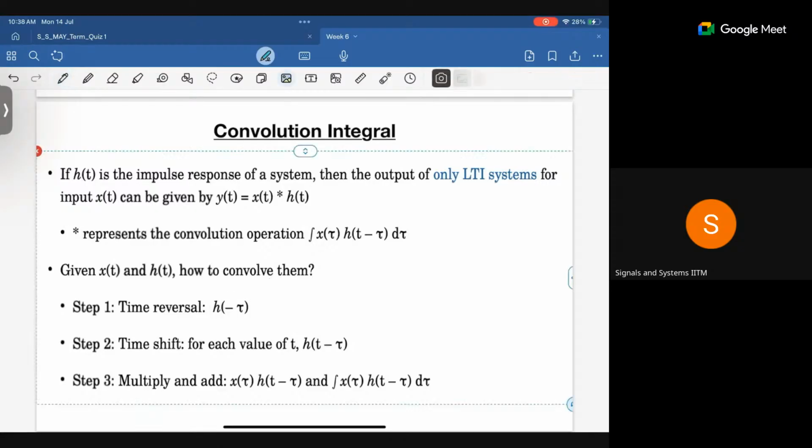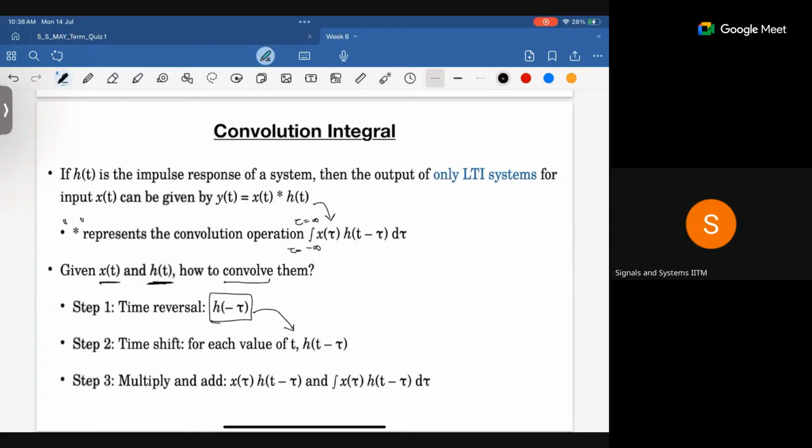Once you do the time reversal, then for each t you do the shifting. So if t is equal to 2, you have to do the shifting by 2 units. Since you are doing the reversal first, in order to get h of t minus tau, you have to do a right shift by t units.